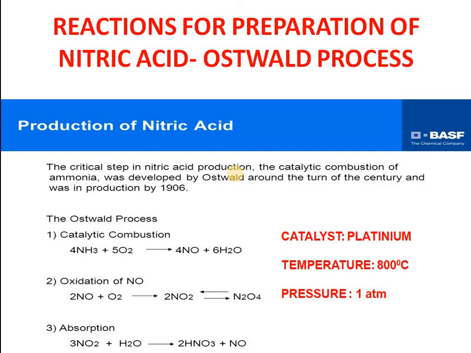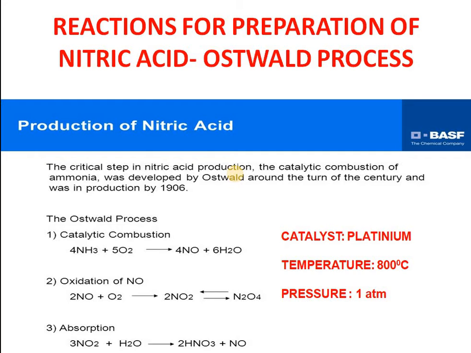Because air contains 1/5 of oxygen, that's why we need to provide air in large excess, so 1:8. So oxygen is only 20 to 21% of that. Therefore the first reaction is 4 NH3 plus 5 O2 gives 4 NO plus 6 H2O, because in the air we are supplying, the nitrogen is not reacting, ammonia is reacting with the oxygen, and nitrogen is acting as an inert gas only.